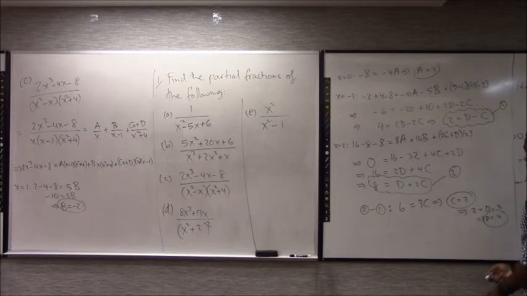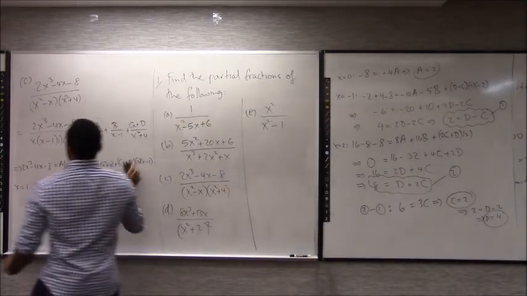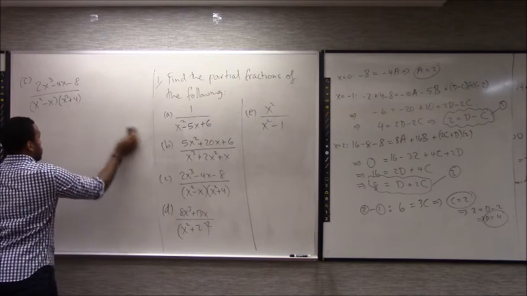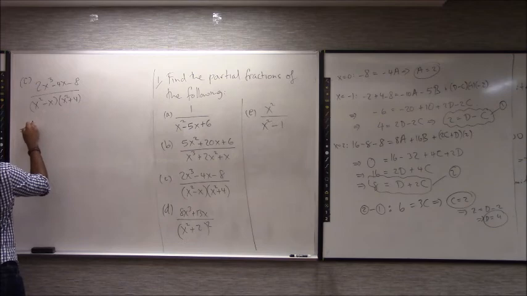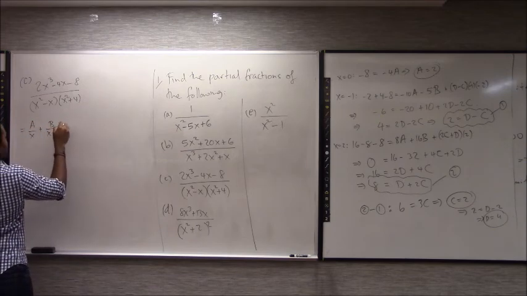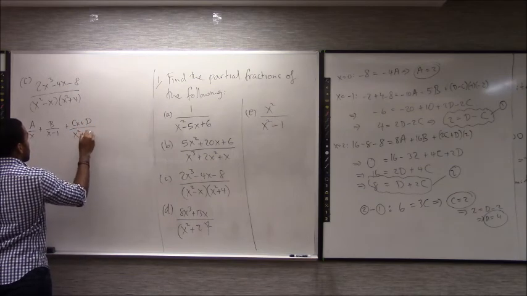So finally, we get to this: a over x plus b over x minus 1 plus cx plus d over x squared plus 4.